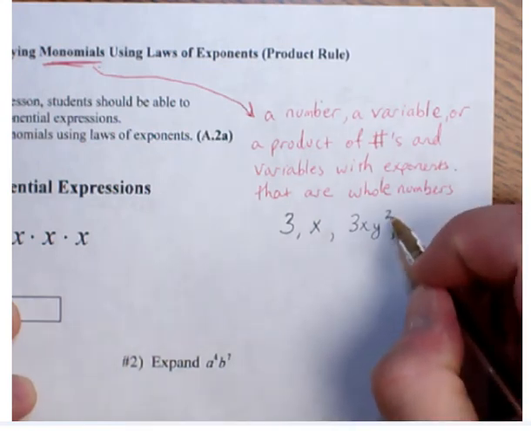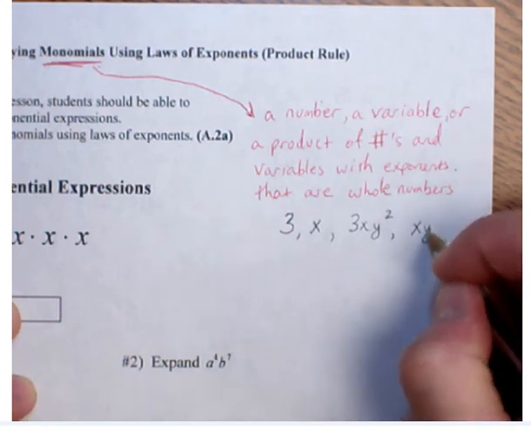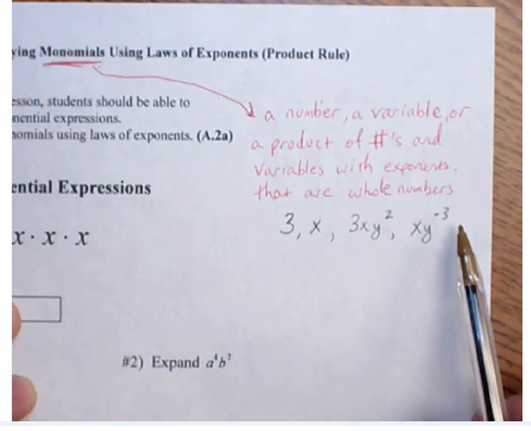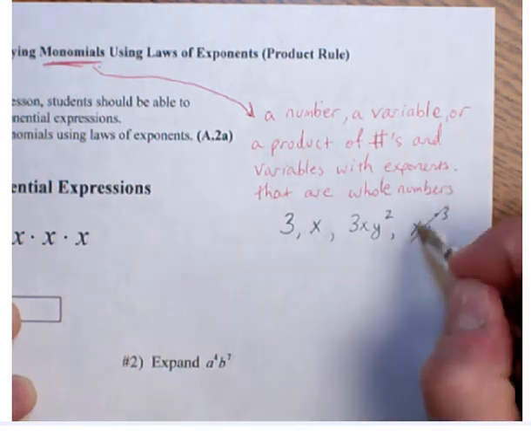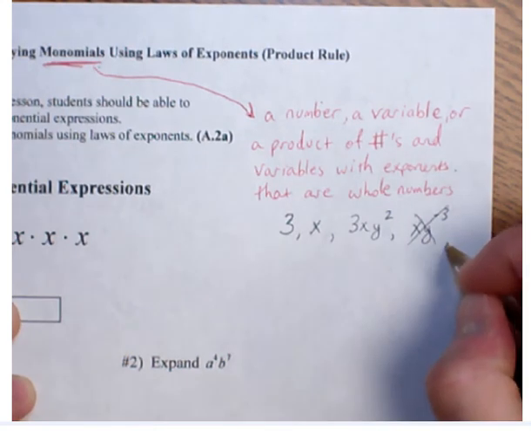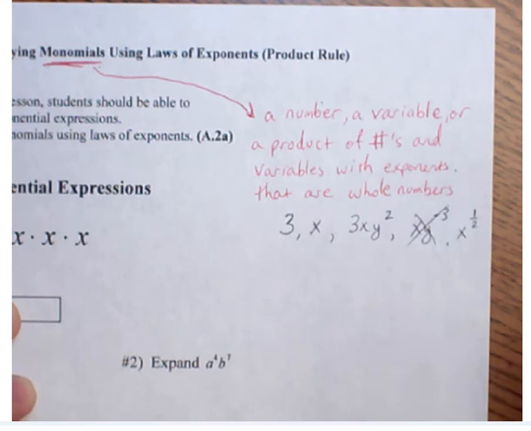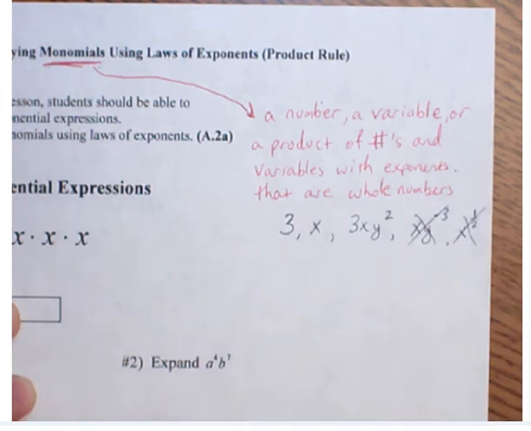The exponents have to be whole numbers. So if I said xy to the negative 3, that's not a whole number because it's negative, so that is not an example of a monomial. If I said x raised to the 1/2 power, that's a fraction, a rational number, not a whole number. That is not a monomial.